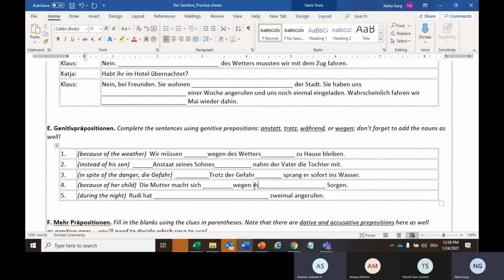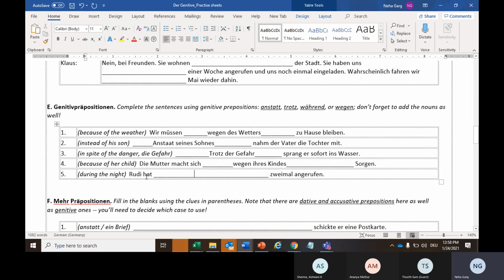So we'll be using the child only. So, das Kind. Kindes. Sorgen. Sich sorgen. So the mother is worried because of her child.